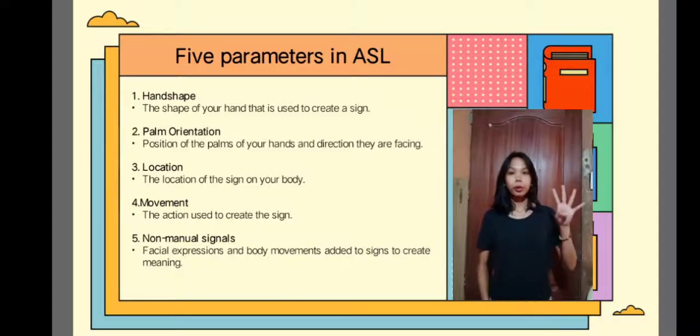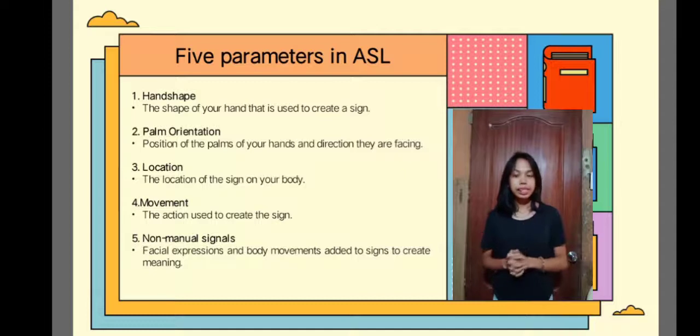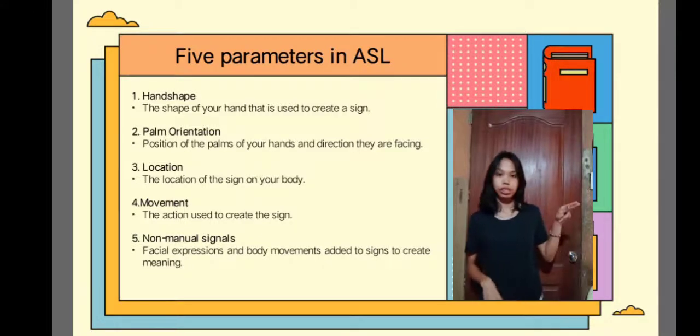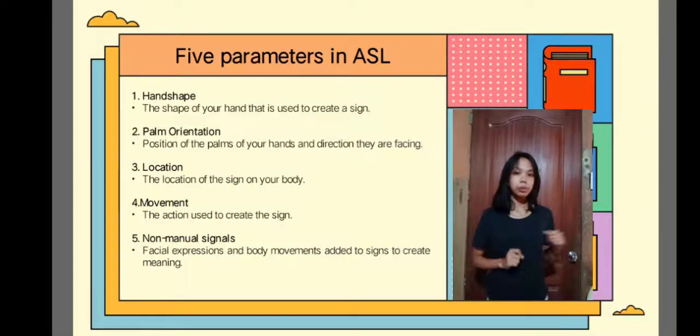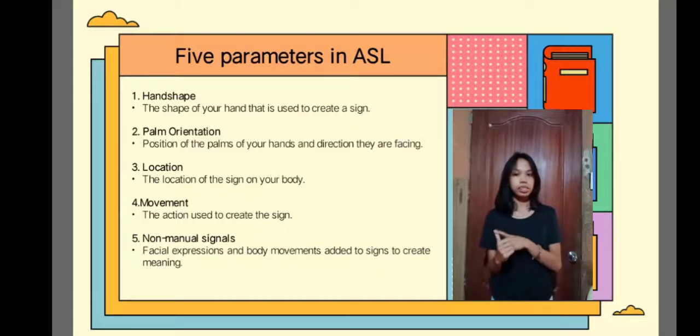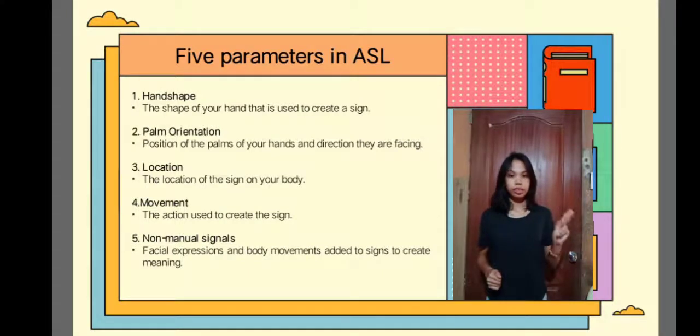The fourth one is the movement. Movement is the action that is used to create a sign. I will use the hand shape of letter H. I have three examples: history, hard of hearing, and hurry. This is the sign for history. This is the sign for hard of hearing.